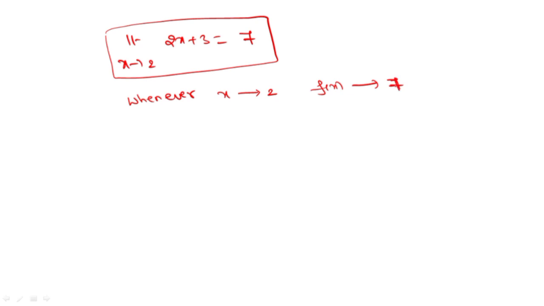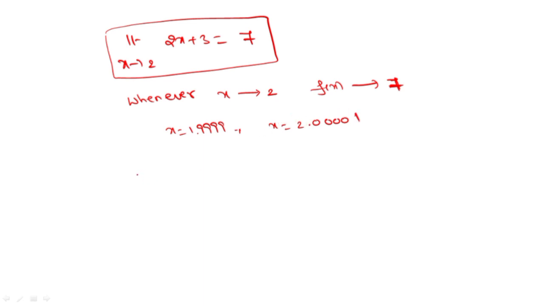Here x is not exactly 2, it takes values near to 2. Either x takes values like 1.9999 something, or x takes values like 2.00001 something. Not exactly 2, it's very near to 2.